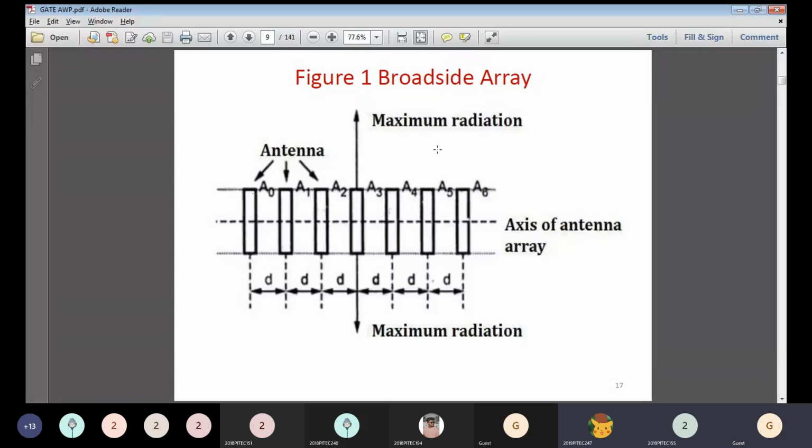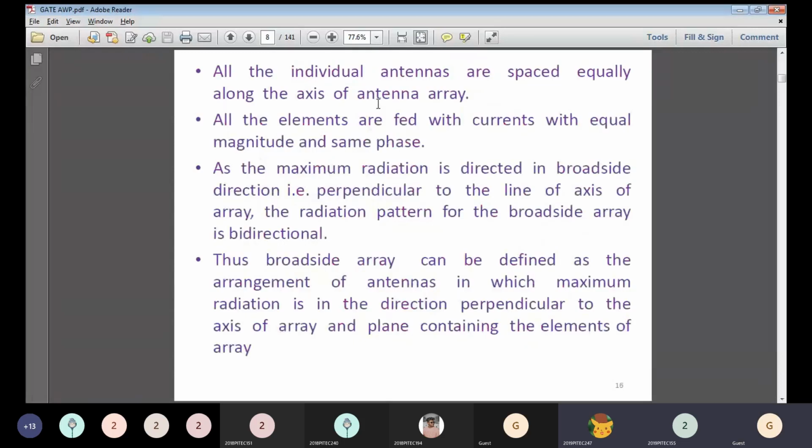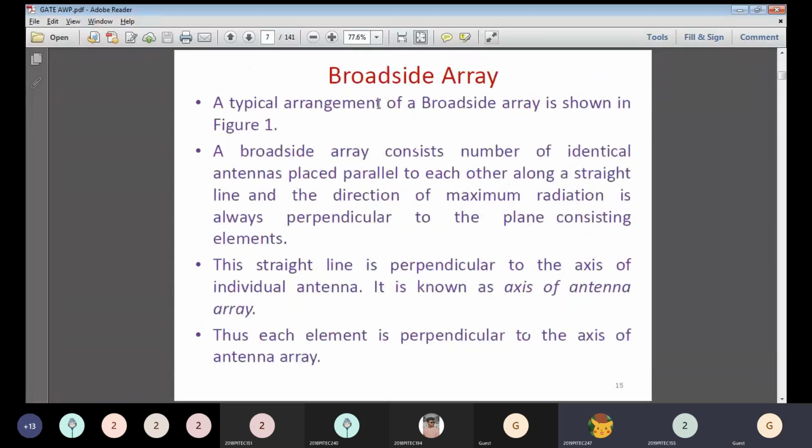Now you see about your broadside array concept. The number of identical parallel antennas are set up along a line. In broadside array, the individual antennas are equally spaced along a straight line, and each element is fed with current of equal amplitude, all in the same phase.